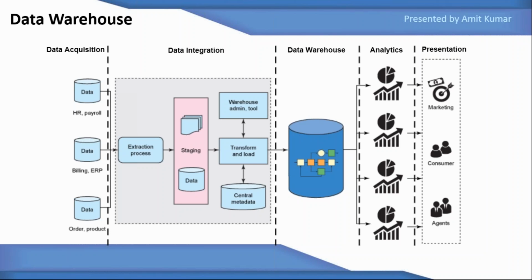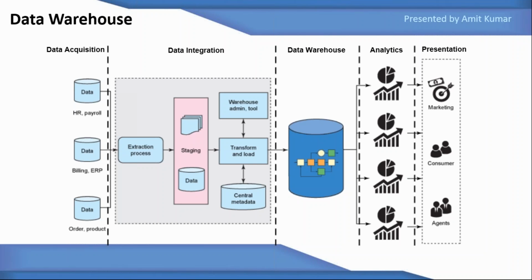For that only, we are creating a data warehouse, which is an integrated database. It's an integration of various different database applications, and the data from various databases are fetched into this part particularly through an ETL tool. The conventional ETL tools are like SSIS, Microsoft SQL Server Integration Services, Talend, Informatica.